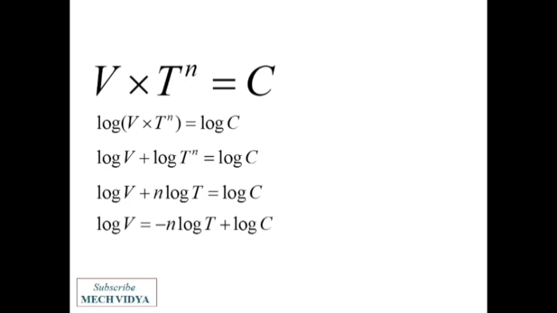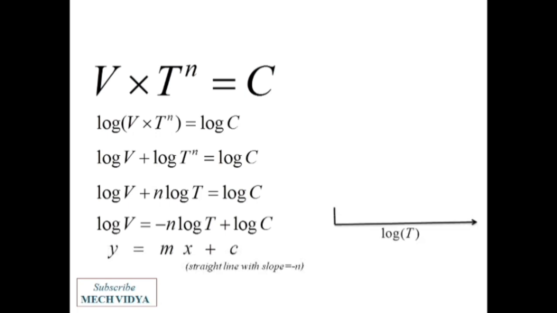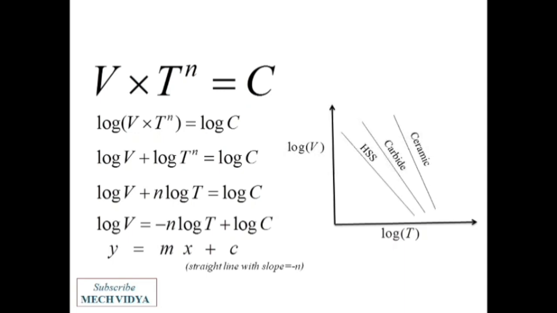Now if you see this equation, it resembles the equation of a straight line, y = mx + c. So if I take a plot between log V and log T, we get a straight line. Please keep in mind the slope of this plot is minus n.